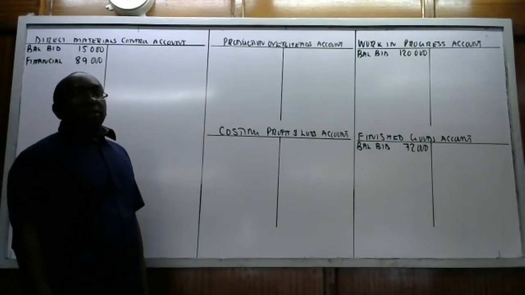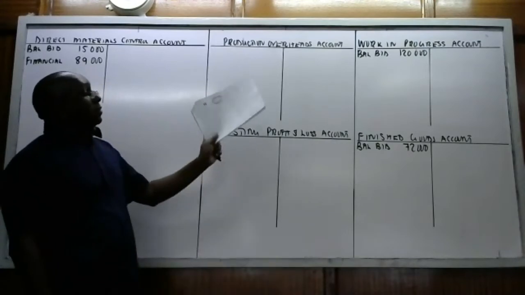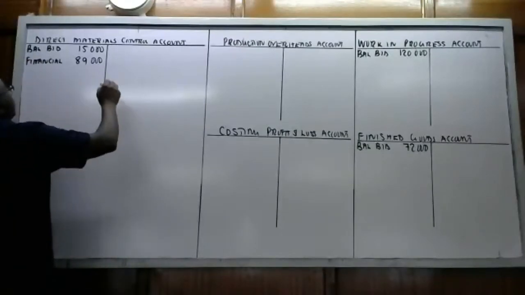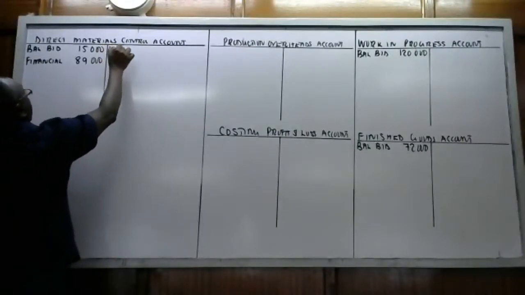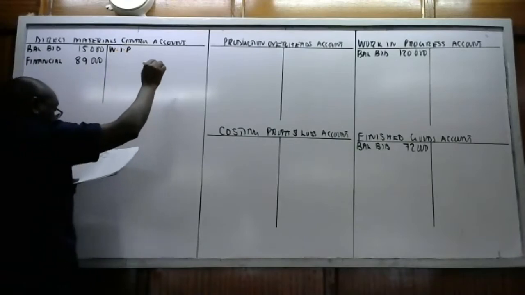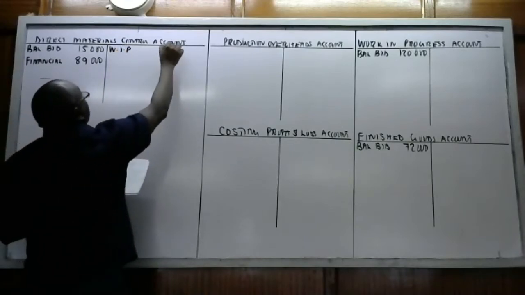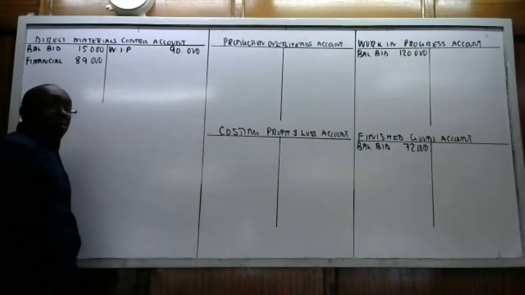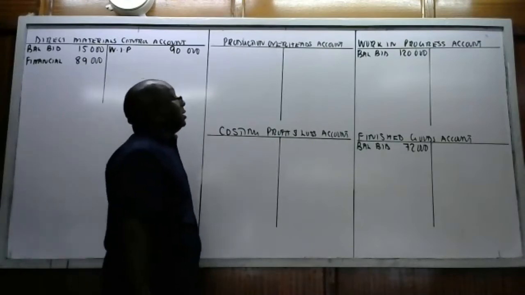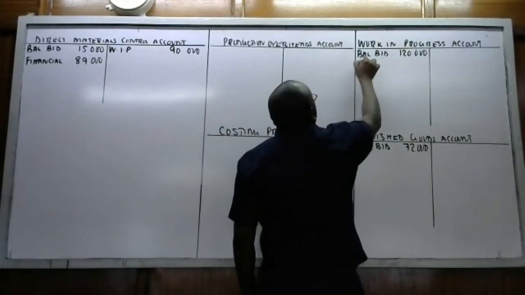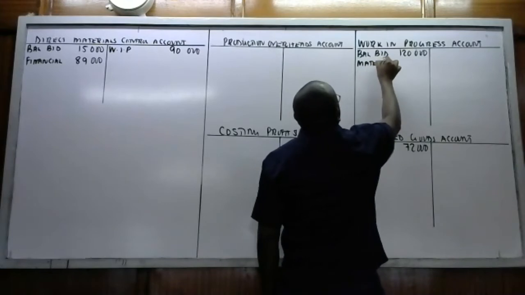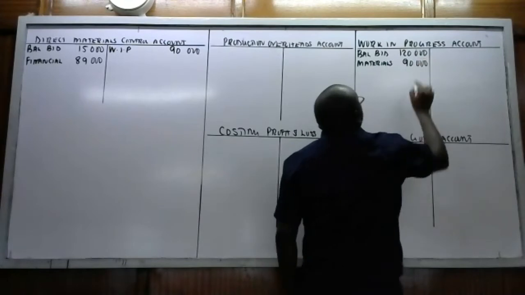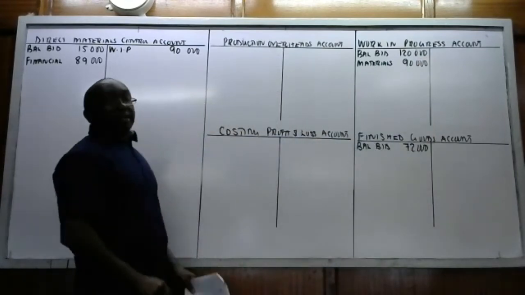When you issue materials to production, you debit work in progress and credit stocks. So let's start with the stocks. Because of work in progress, we have issued 90,000 to where production is taking place, the work in progress. So because of materials, we have brought 90,000.